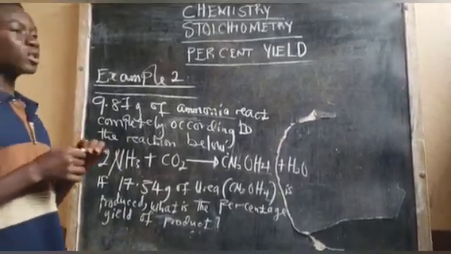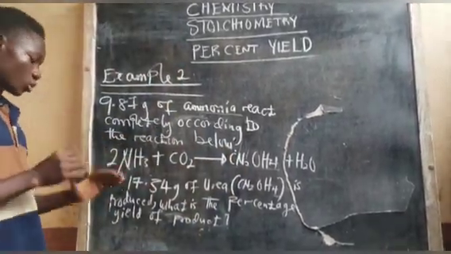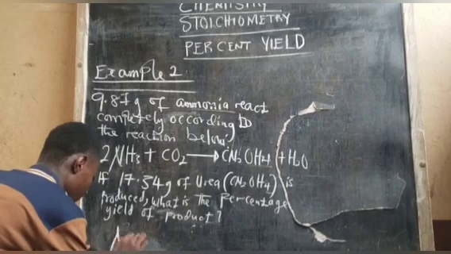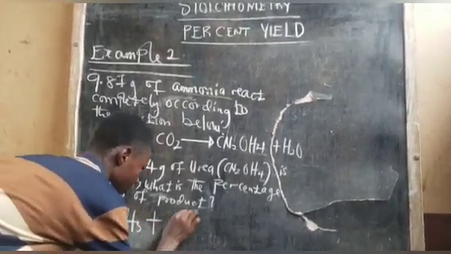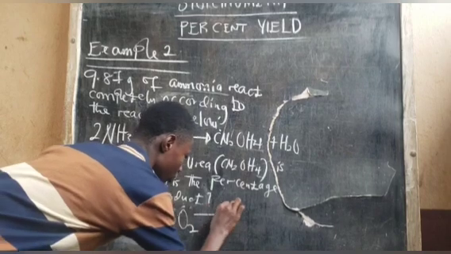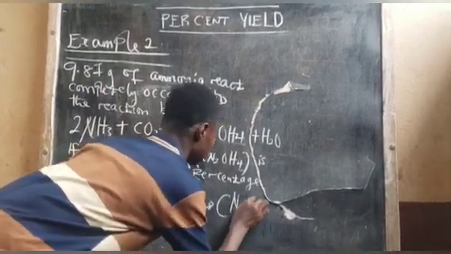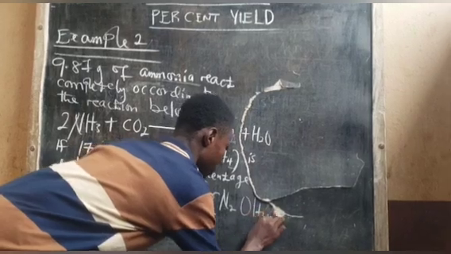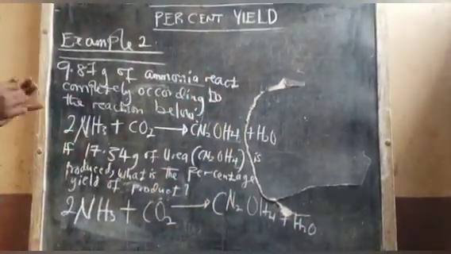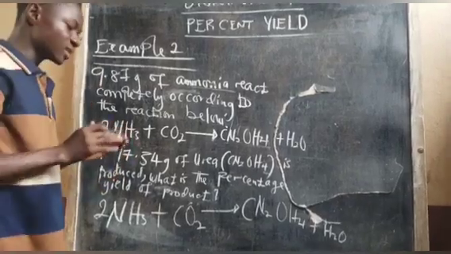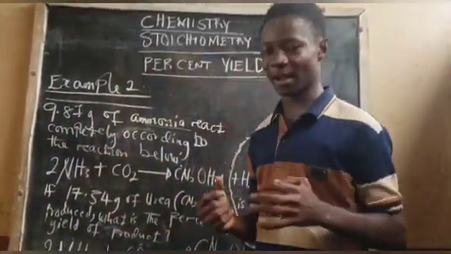Now, the first thing we have to do is rewrite the equation. Ammonia reacts with carbon dioxide to produce urea and water. After rewriting the equation, the next step is to check whether this equation is balanced.